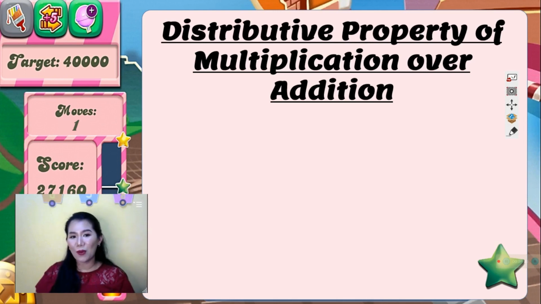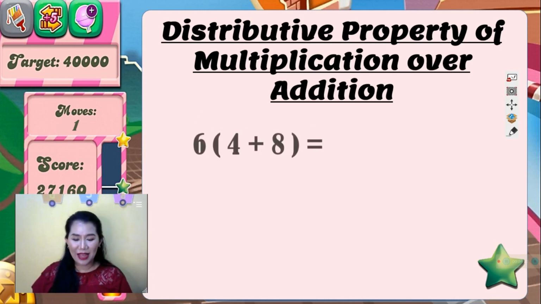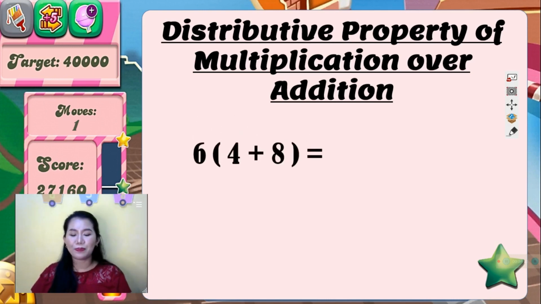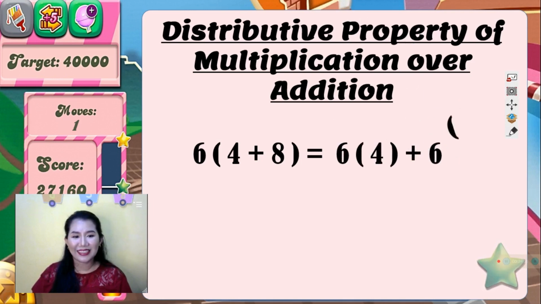Kung meron kang dalawang anak, hindi pwedeng kay Juan lang. Kung dalawa sila, dapat papamahagian mo si Juan at saka si Pedro. Okay, so let us have the following. If you have 6 times 4 plus 8, this is equal to what?